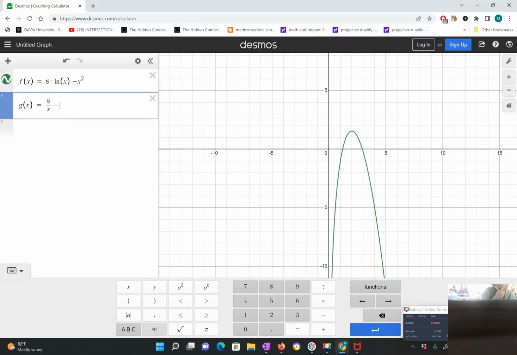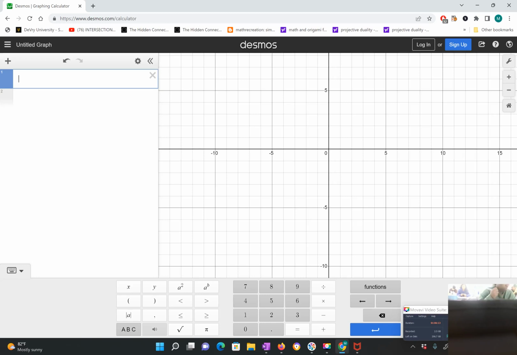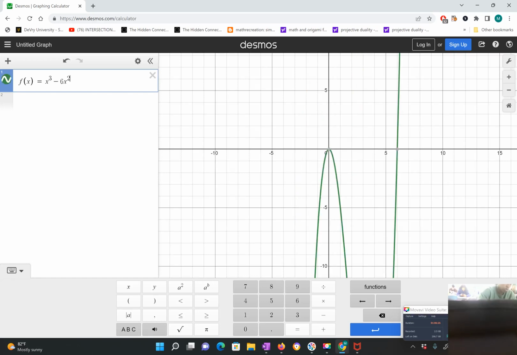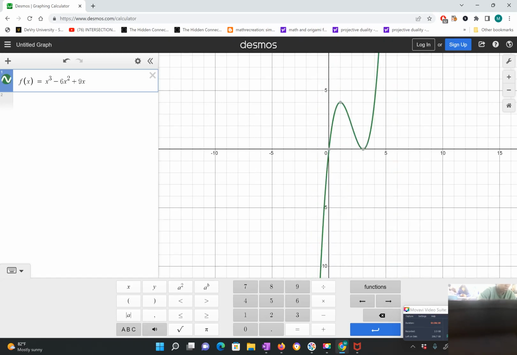Alright, so here we go. f of x is equal to x cubed minus 6x squared plus 9x plus 1.